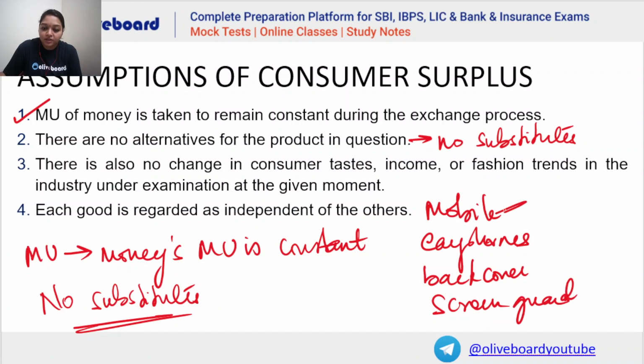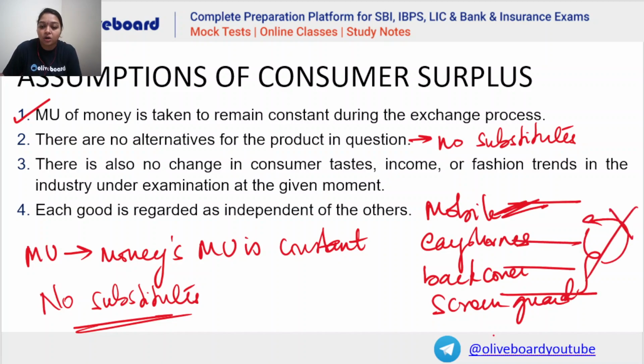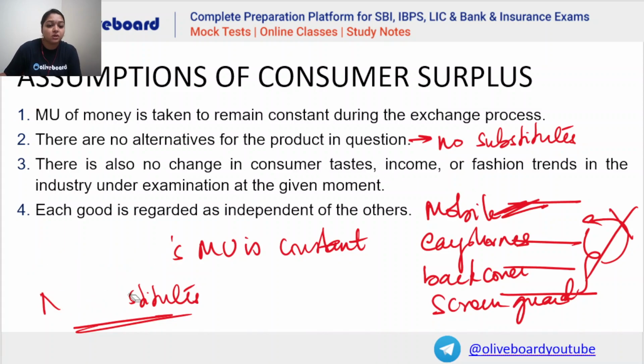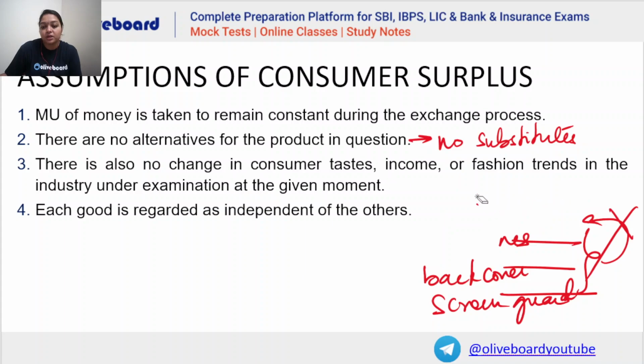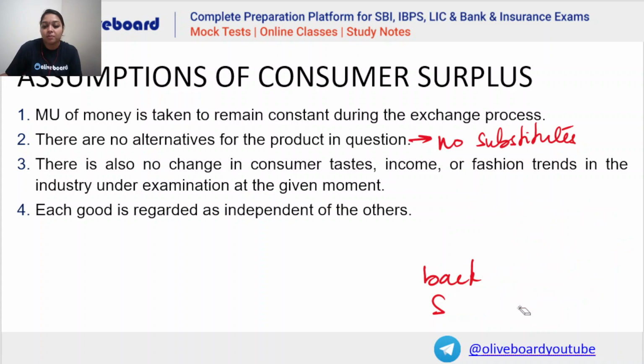So all of this is connected to the mobile phone, but here we regard them as all independent. We say that these three are not dependent on the mobile phone, right? So these are the few assumptions under consumer surplus. Before understanding consumer surplus, if you read the assumptions once, it will be very, very clear, right? Okay.